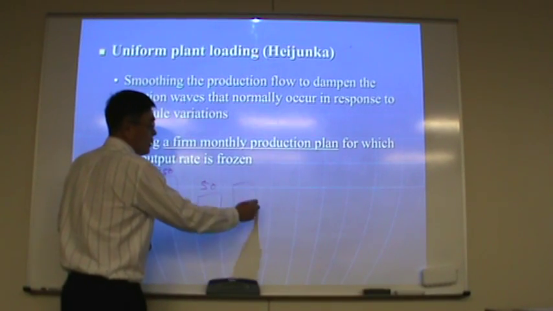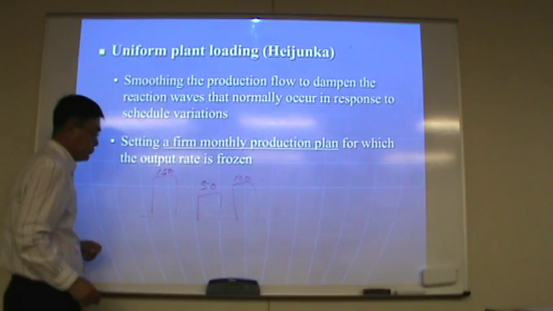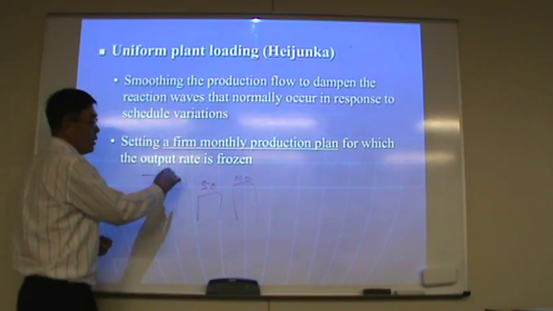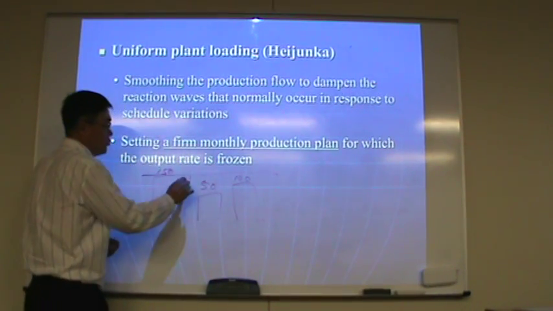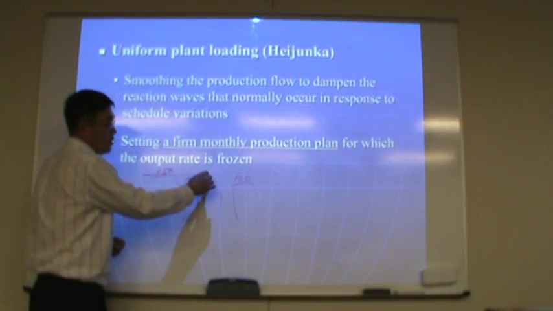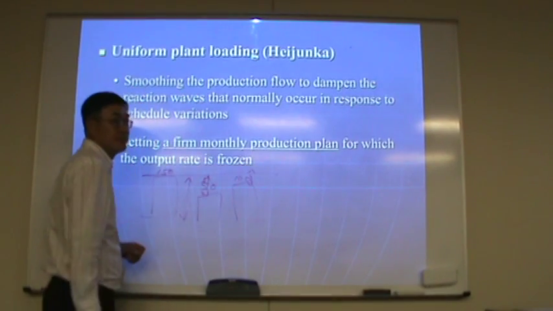Third month 100. 150 more. What's the problem? Not consistent. We need 150 capacity, then 100 waste, 50 waste, right?